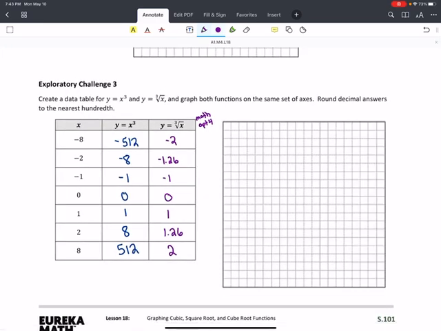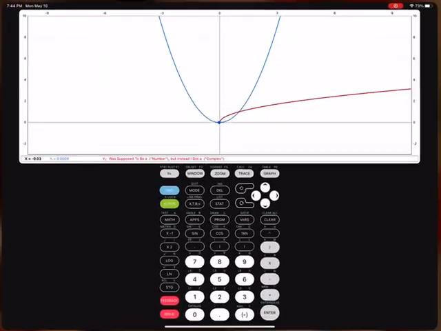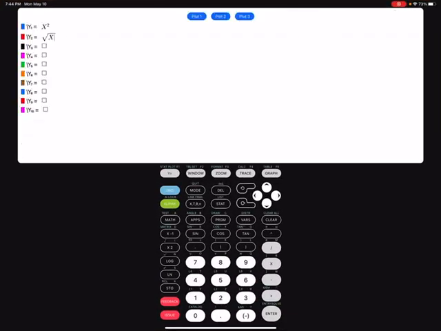Well, we could graph it by hand by making an x-axis and a y-axis, and we could do this set of ordered pairs, pairing these x's with these y's, or we could use technology as an aid, which is what I will choose to do. So I'm going to go back and graph these.